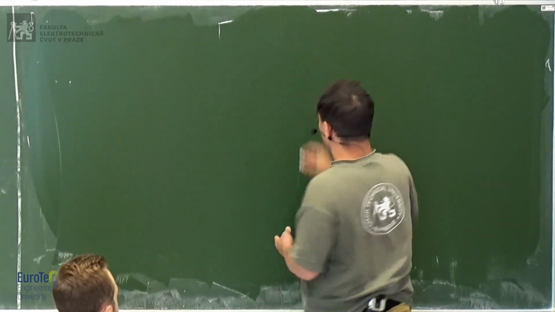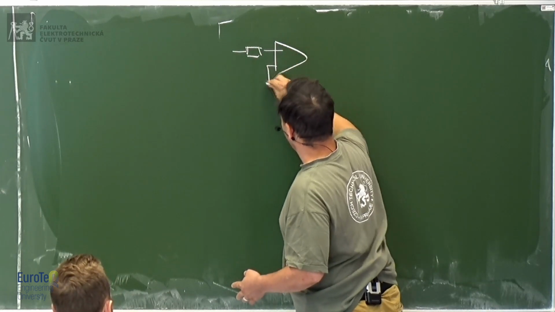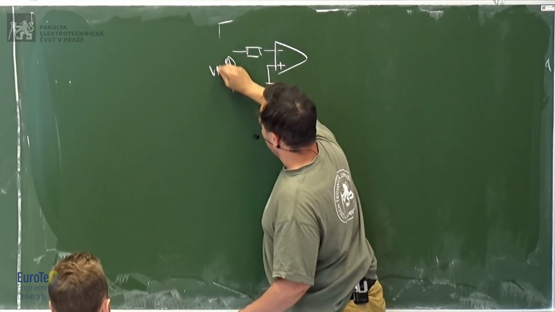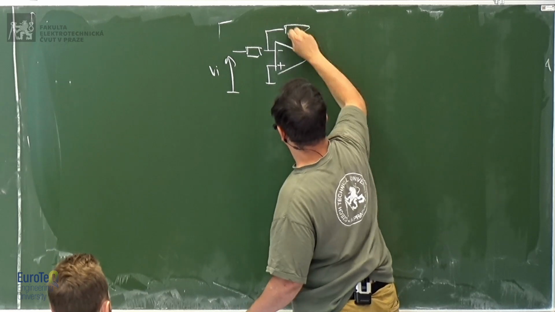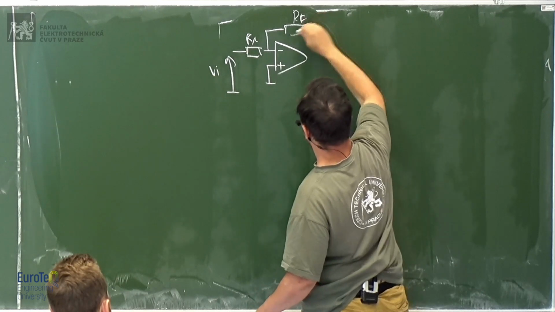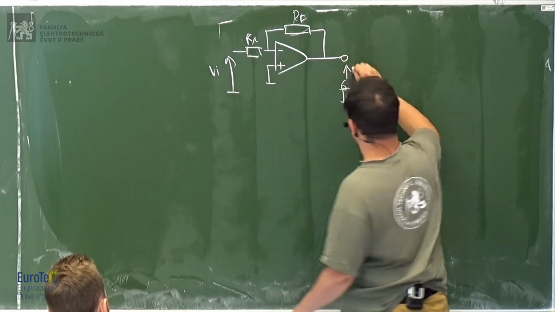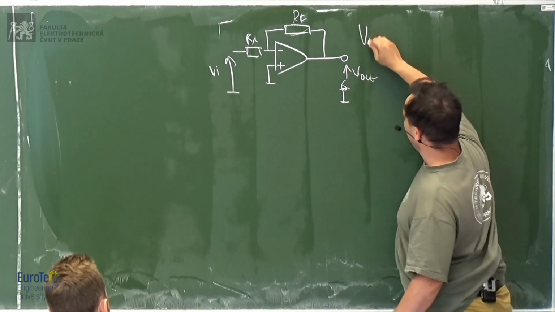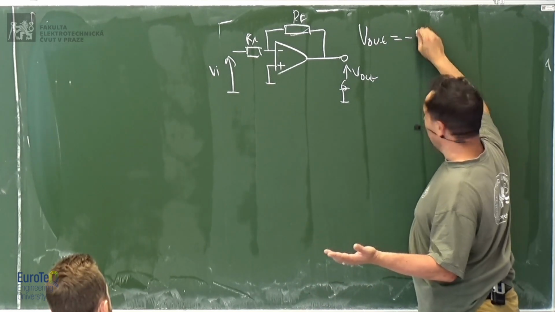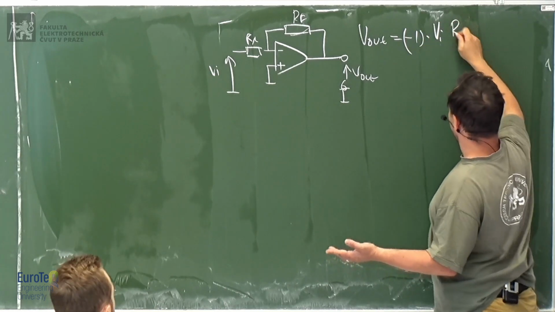You remember our nice inverting amplifier, with plus, minus, V input, RF, R input, and this is V out. You know that V out is minus V in times RF over RI.